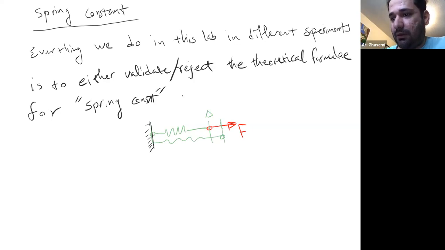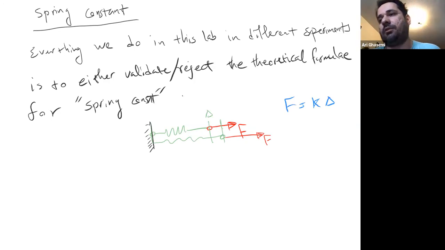With the same amount of force, you get the same deflection. And the formula for that was F equals K delta. Sometimes they put a negative sign here to show that it's in the opposite direction, that the spring applies to the system. But right now we're just talking about the magnitude.